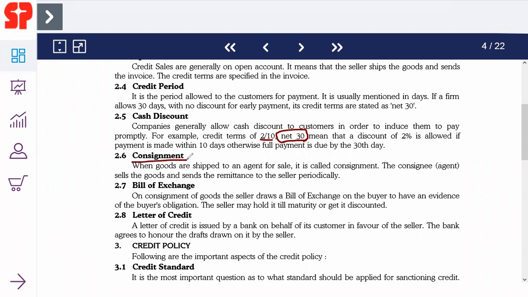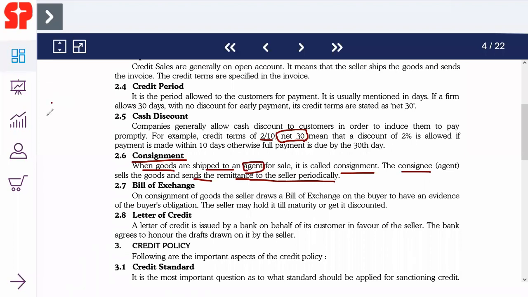Next is consignment sale. Everybody knows what a consignment is. When a business sends the goods to an agent and the agent sells them, it is known as consignment sales. We have already read that in previous classes. In consignment, goods are shipped to an agent. The consignee, that is the agent, will sell the goods and send the remittance to the seller periodically.